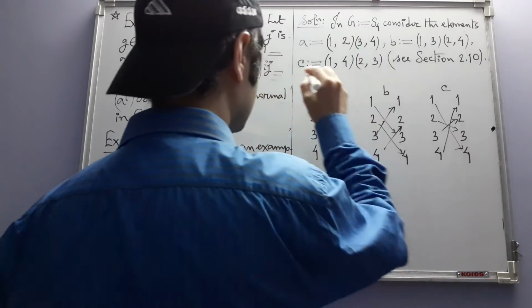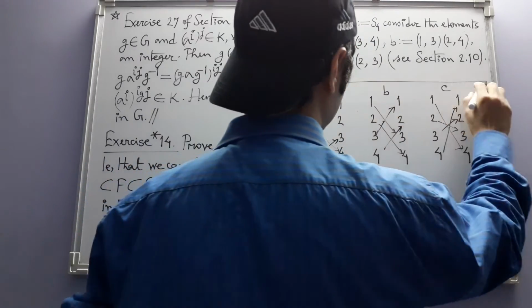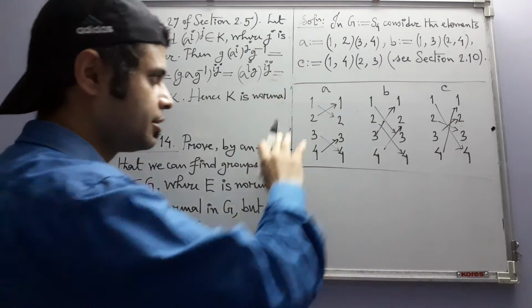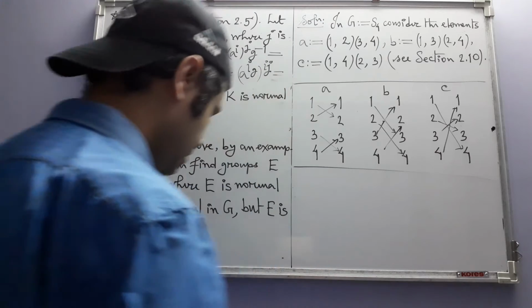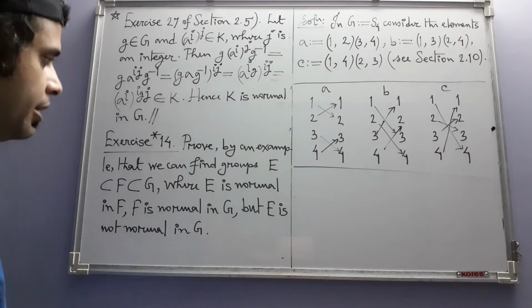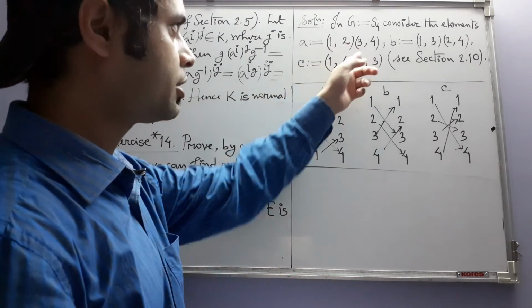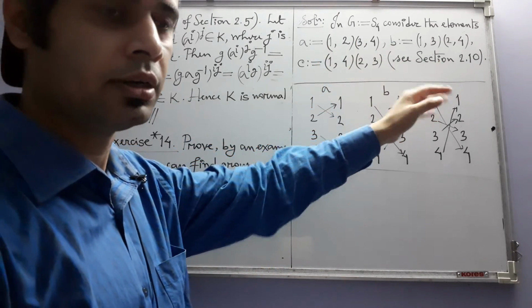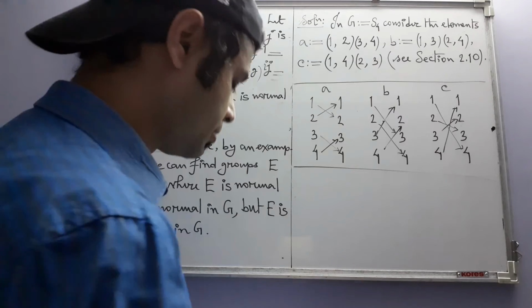Now let me just keep it separately. This is not a part of the solution. This is just for the sake of understanding the elements A, B, and C. However, these notations we haven't got yet. This we will get in section 2.10. Right now, don't think too much about them.